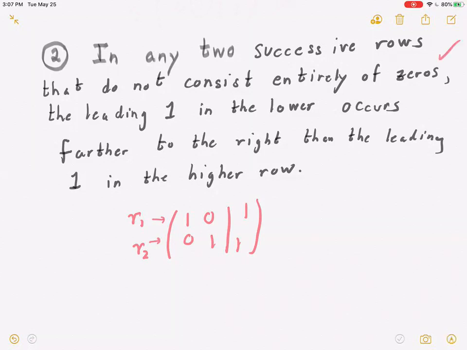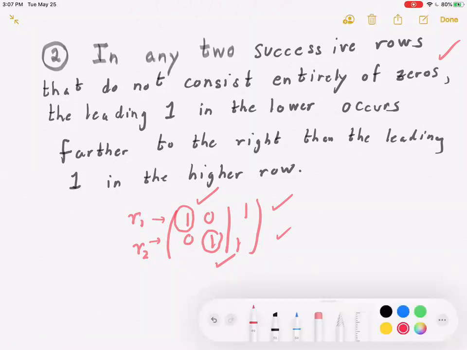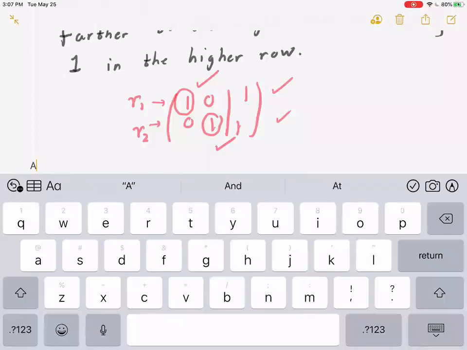The leading 1 in the lower row has to be to the right of the leading 1 in the higher row. And we've done that. So this meets the definition of reduced row echelon form. Okay.